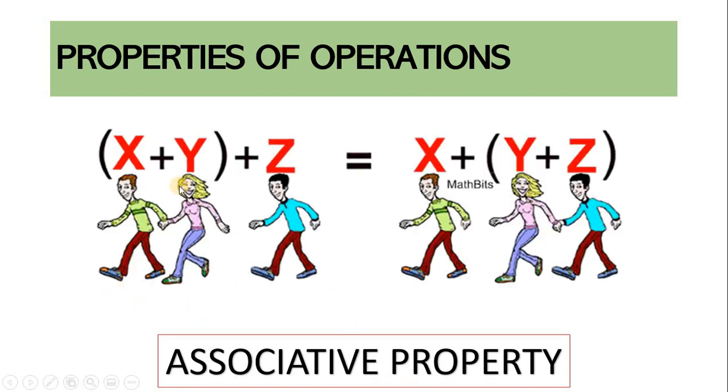For this illustration, for example, ito yung magkaka-classmate. Sa unang groupings, ang magkasama ay si X and Y. Sa pangalawang groupings, ang magkasama ay si Y and Z. Kahit pa mag-iba sila ng groupings, the same pa rin yung magiging outcome. Kumbaga kasi sila pa rin naman yung tao.